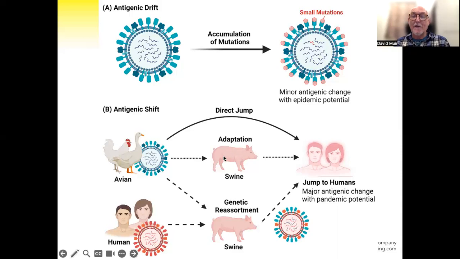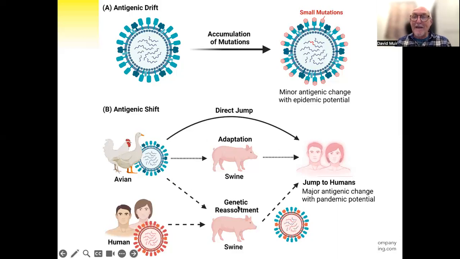In this way, for example, we acquired H1N1 influenza virus, and that came directly from poultry via pigs to humans. And third, we can have a jump directly from birds to humans as well, and acquire bird flu virus, which behaves completely differently.